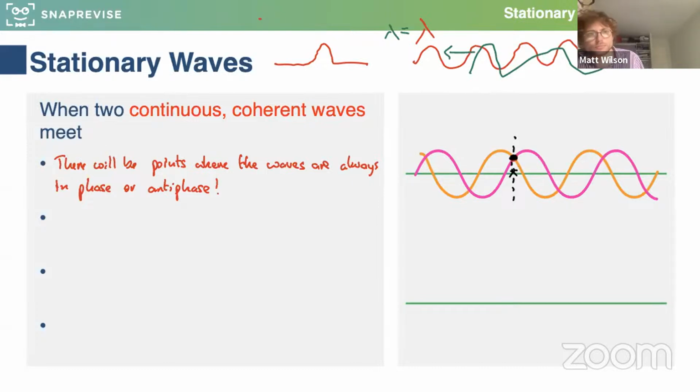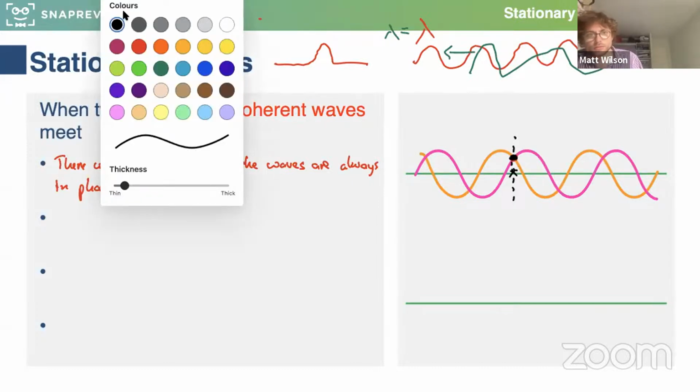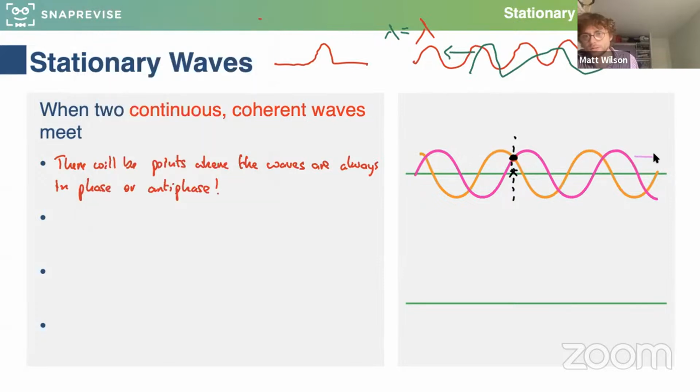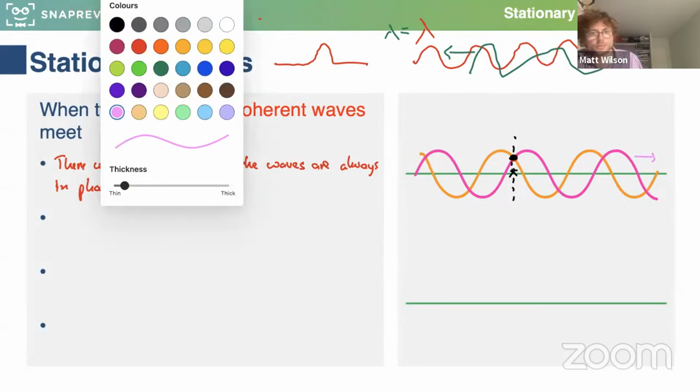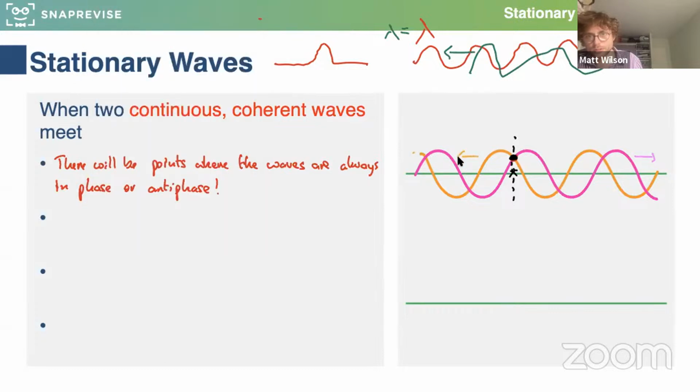Well, let's assume that the pink wave is moving to the right, like this. And let's say the orange wave is moving to the left. Okay, so the orange wave is moving like this. Okay, and they're moving at the same speed because they have the same wavelength and the same frequency.